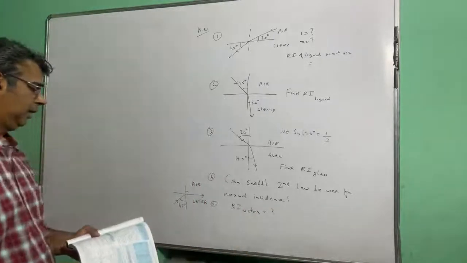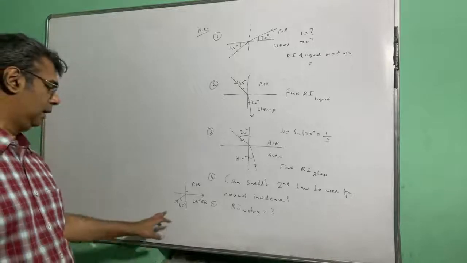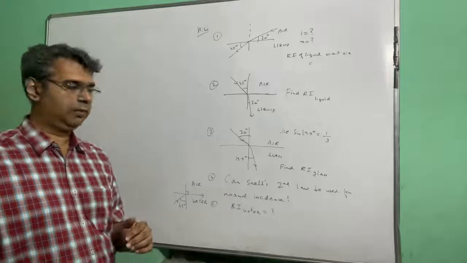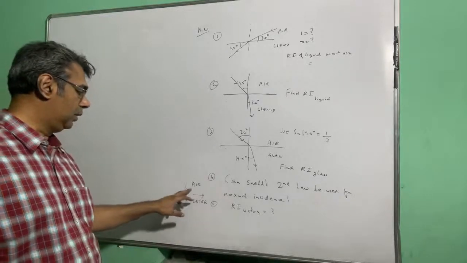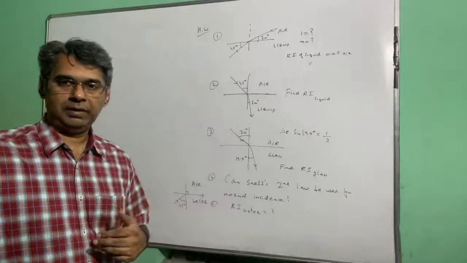Okay, question number 5. There is a ray of light which is originating from water. It is striking the boundary of air and water, and the angle of incidence on the water side is 45 degree.